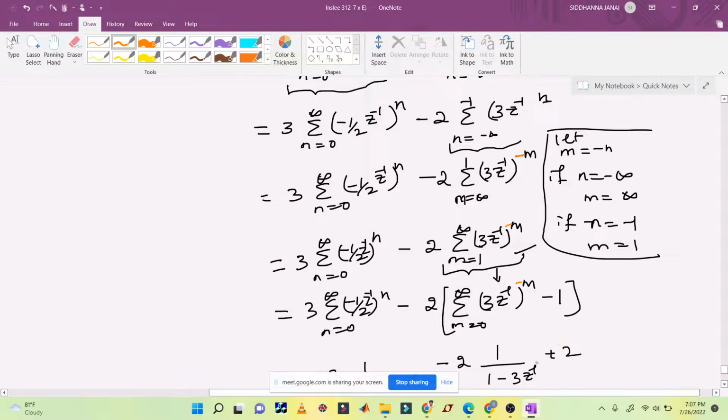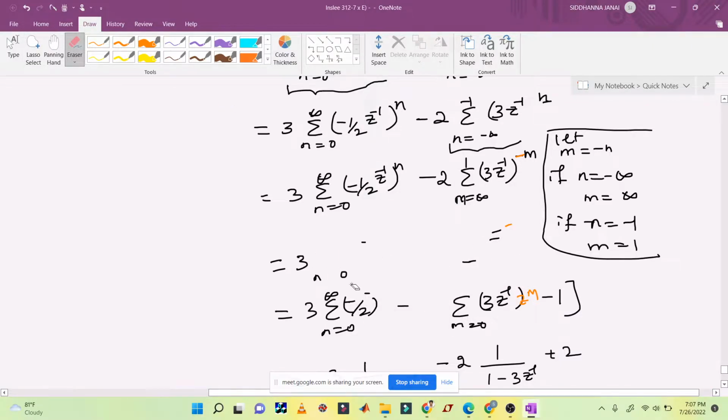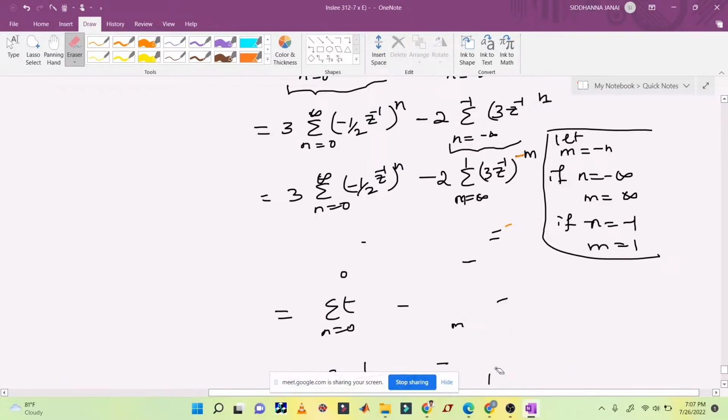Because of this, what I have got is 3 z inverse here. Instead of that, it should have been 3 to the power minus m z to the power m. Okay, the answer should have been that. So there I made a mistake. That's why let us go back to that step and correct it.